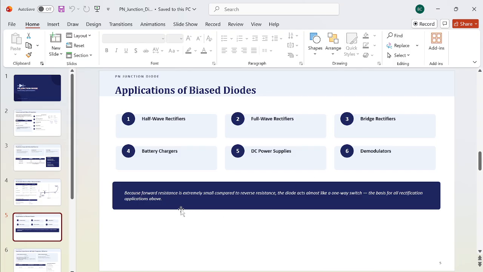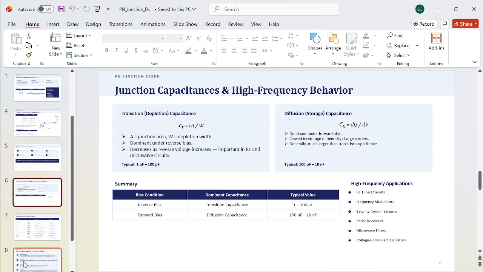So you can see that because forward resistance is extremely small compared to reverse resistance, the diode acts almost like a one-way switch, conducting in one way and non-conducting in the other way. Because of this property of the diode, it can be used in rectifiers for the conversion of AC signals into DC signals.